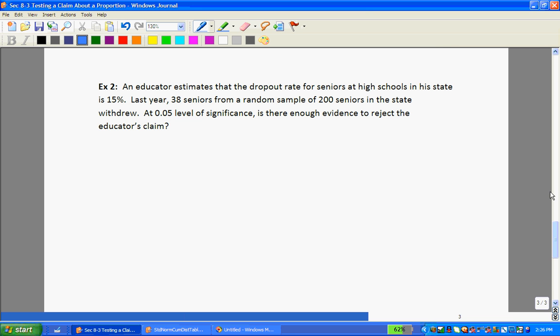Well, we're going to start off exactly the same way we did before by finding the hypothesis. So we have the null hypothesis and the alternative. Remember, the null usually has some form of equality in it, and it's usually the number that's been in place historically. Well, an educator thinks that the dropout rate is 15%, so that's going to be our null.